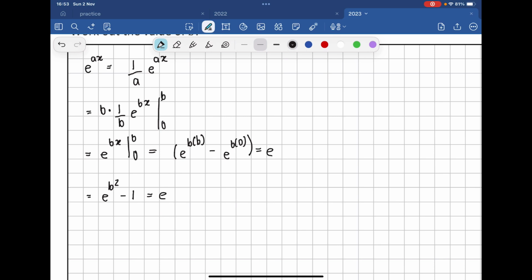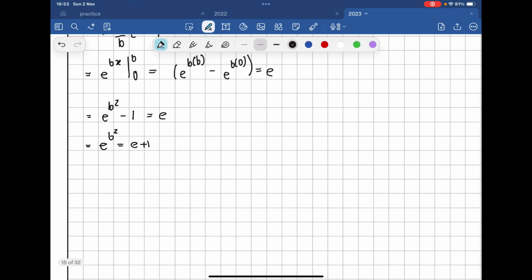Now we want to isolate our e. So what we're going to do is bring our minus 1 over to e. How do we get rid of this e? Because it's making things very difficult.